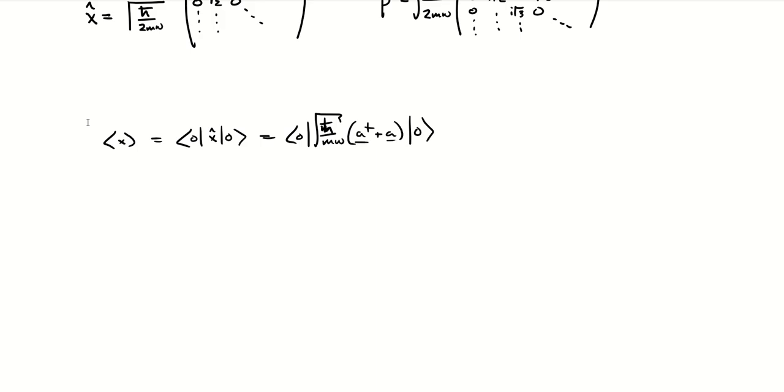The raising operator brings it to the n equals 1 ket, which is orthogonal to the bra. So pretty quickly, we know that's equal to 0.